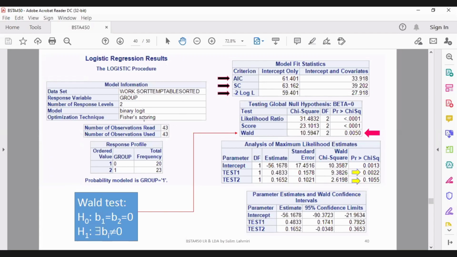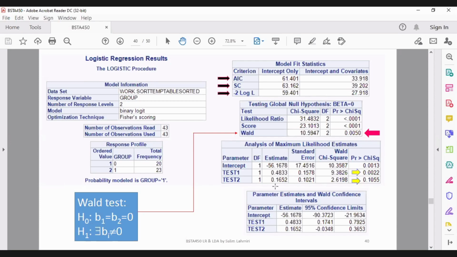So this is the output from SAS. This is the logistic regression output. We got the intercept equal to minus 56.1678. Beta 1, multiplied by test 1, is 0.4833.